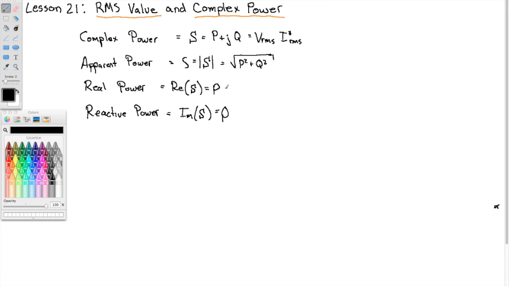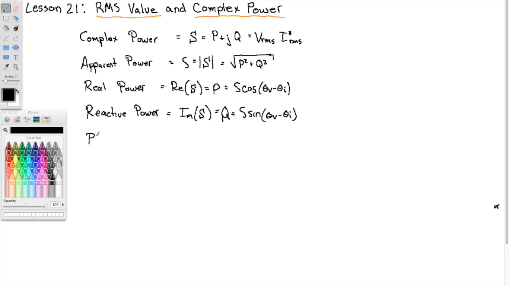Okay, and from Euler's equation, the real part of a complex number is the magnitude, which is the apparent power, times the cosine of the power factor angle, the power factor. Right? And the reactive power, this is Q, from Euler's equation is the magnitude, which is the apparent power, times the sine of the power factor angle.